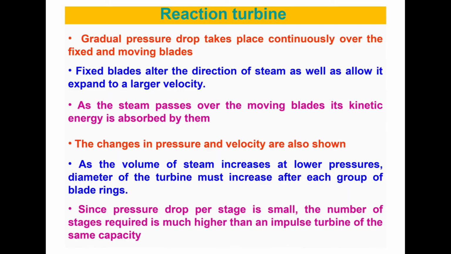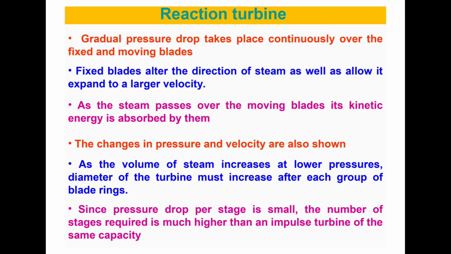The reaction turbine introduction. Gradual pressure drop takes place continuously over the fixed and moving blades. Already we have discussed this point in the previous slide. Fixed blades alter the direction of steam as well as allow it to expand to a large velocity. As the steam passes over the moving blades, its kinetic energy is absorbed by them.